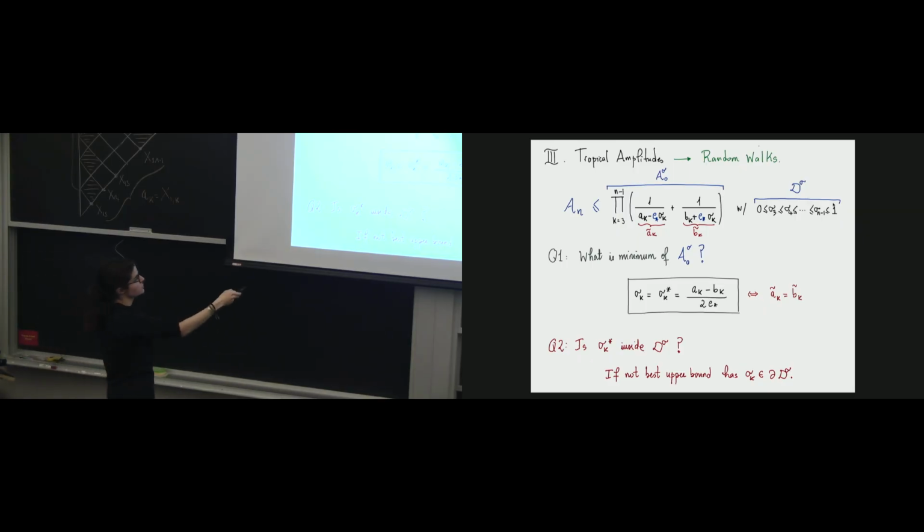So it's this funny ratio that I also introduced a little bit earlier. But now, of course, depending on the values of AK and BK, the sigma star k can live inside the domain or outside, right? So the minimum of this A naught of sigma might live inside the domain, or if it lives outside, then the best thing that we can do is pick some sigma k's that live at the boundary of this domain.